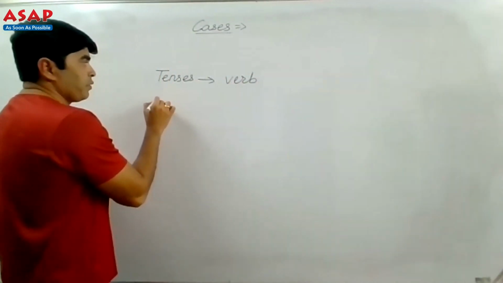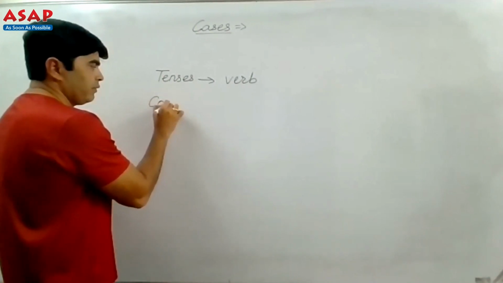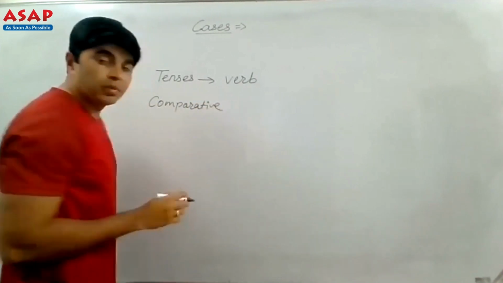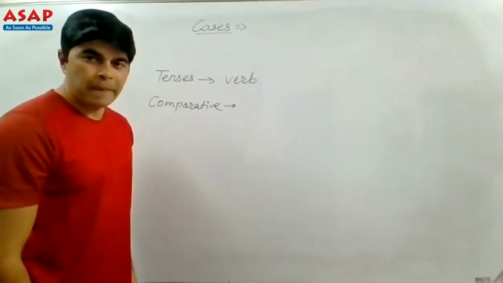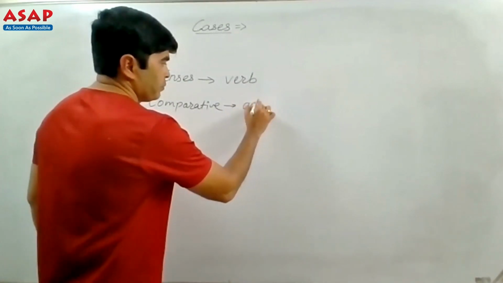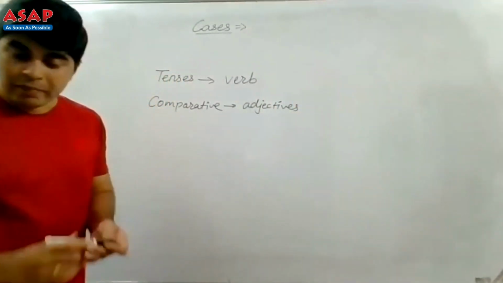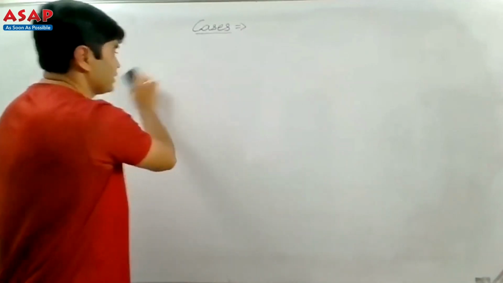In the same way, when we say comparative or superlative degree, it is related to adjectives, right? So in the same way, you need to understand cases. Cases are related to what part of the sentence exactly?